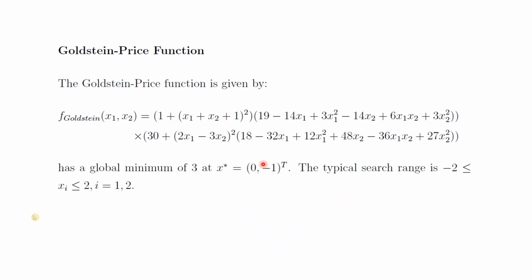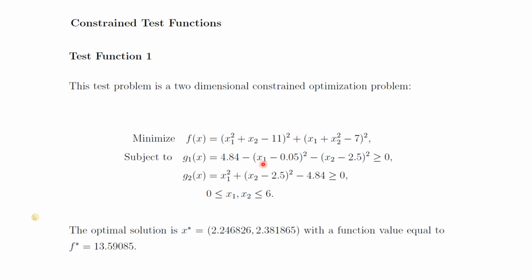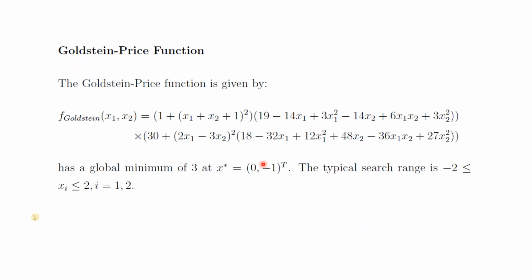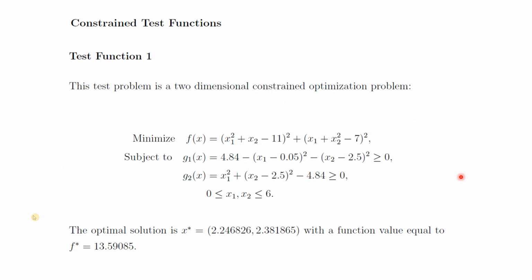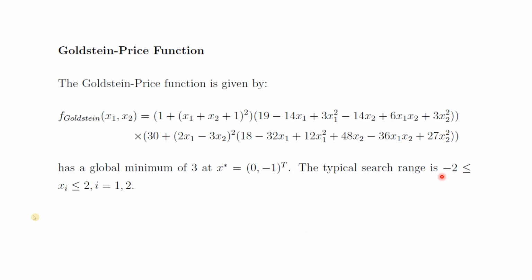Now this is a third objective function. Here also a constant is given, but this is not generally considered as a constraint. This is just considered as a range, so you do not call it a constraint. The constraints are what we will be discussing later in the later examples.